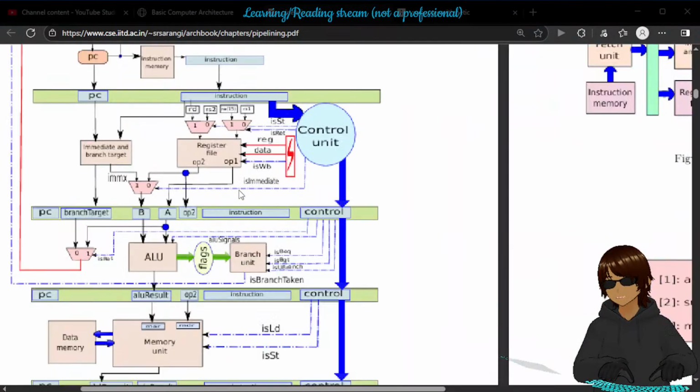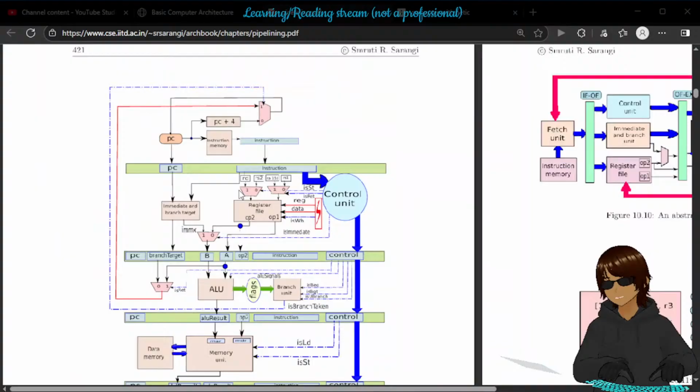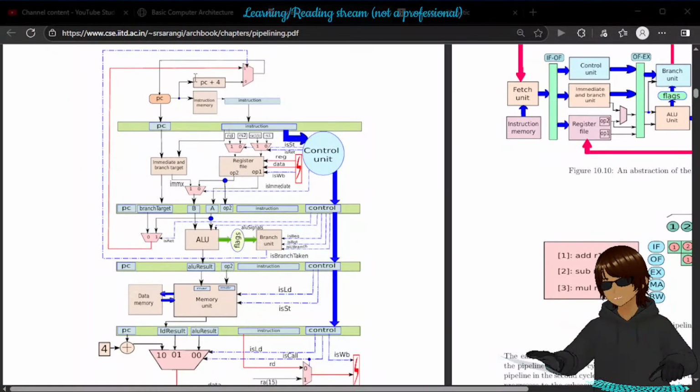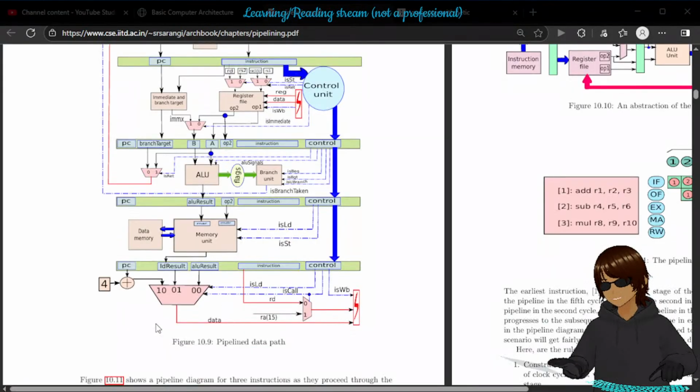we were talking about the processor, and the processor has 5 stages: the instruction fetch stage, the operand fetch stage, the execute stage, the memory stage, and the register stage.